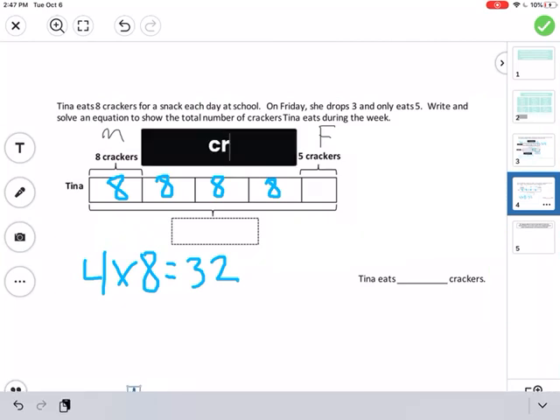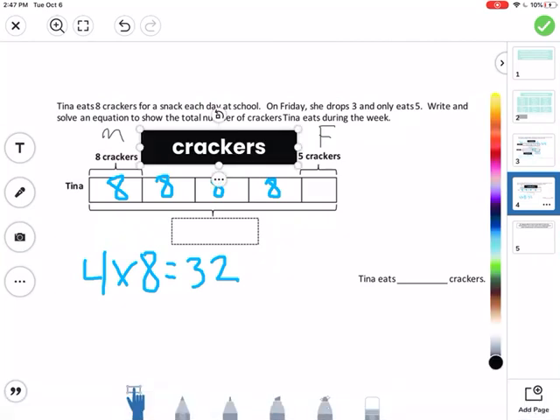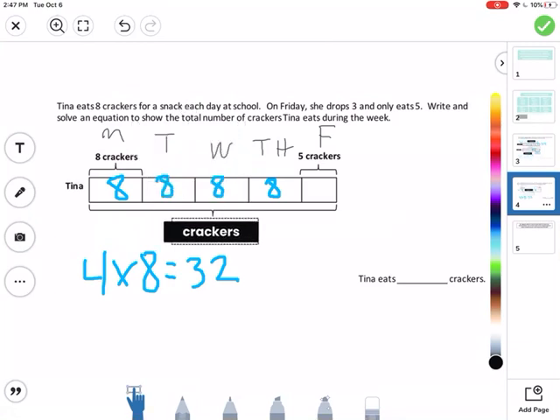And this right here is crackers. So she ate 32 Monday through Thursday.